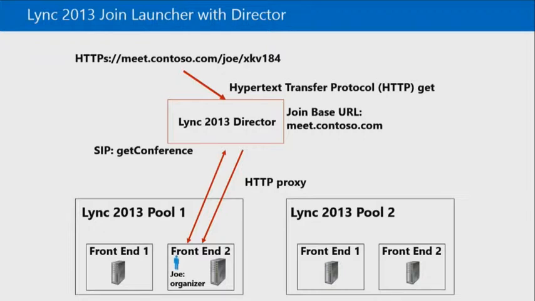The reverse proxy simply redirects and passes it on to the director in this scenario. What happens, though, is that director actually figures out and takes the URL, forms a conference out of that and a SIP URI, and then proxies and gets that data from the correct pool, and then acts as a proxy for all clients connecting in and using that director.